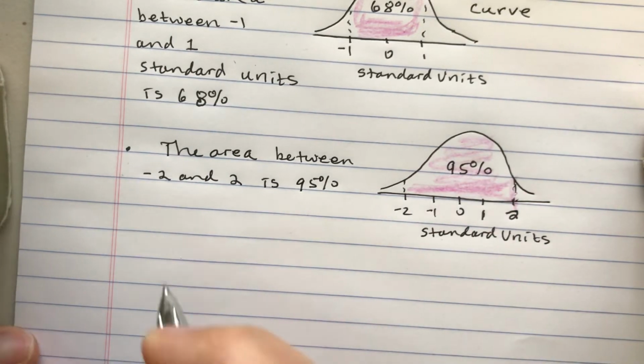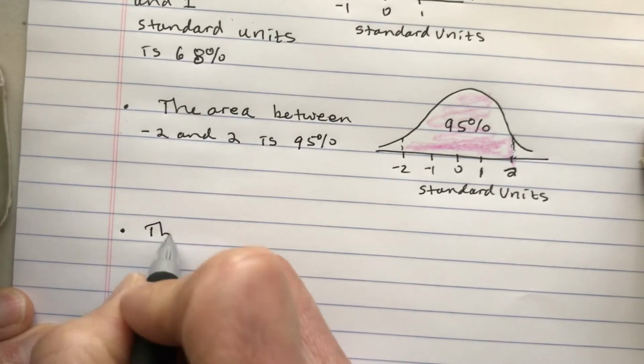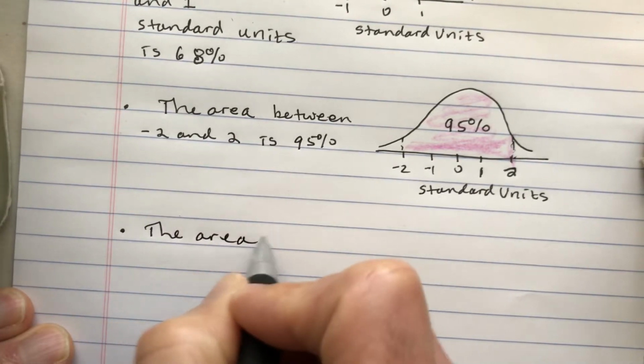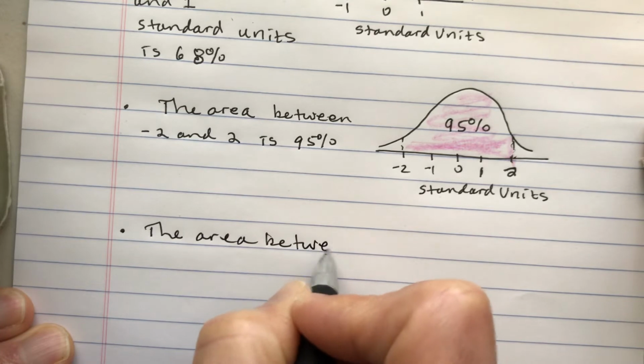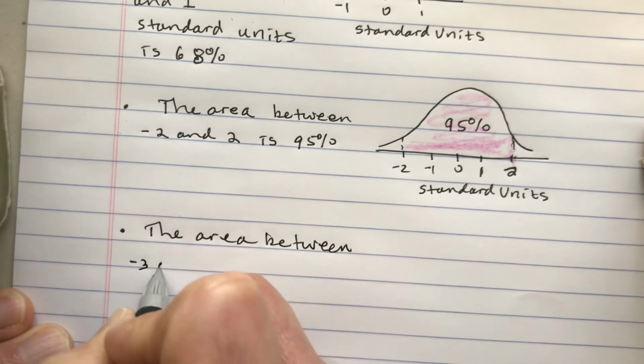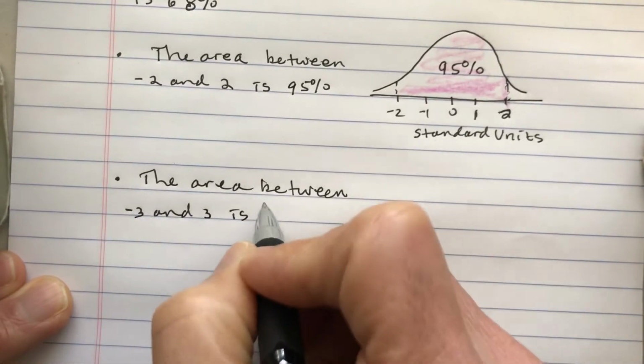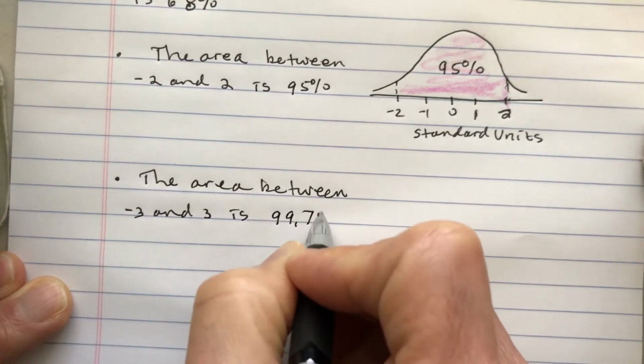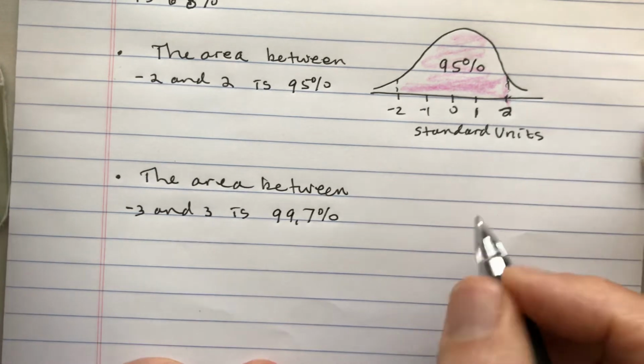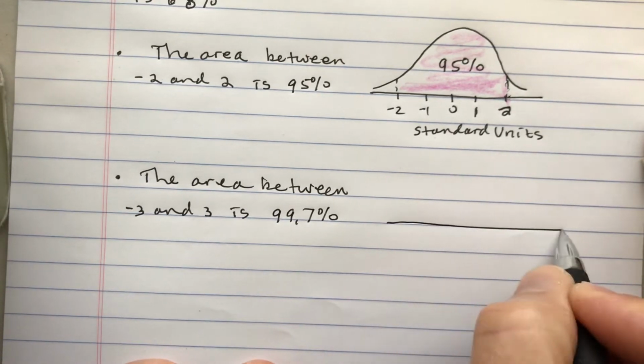And then the area between -3 and 3 is 99.7%. So that's really almost everything. It's close to 100%, but it isn't everything.